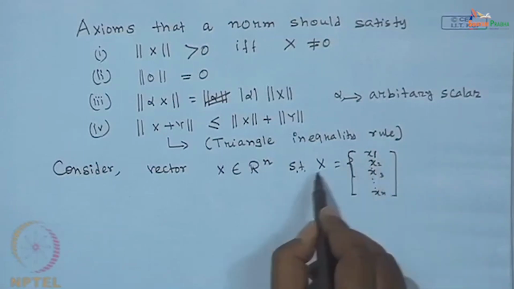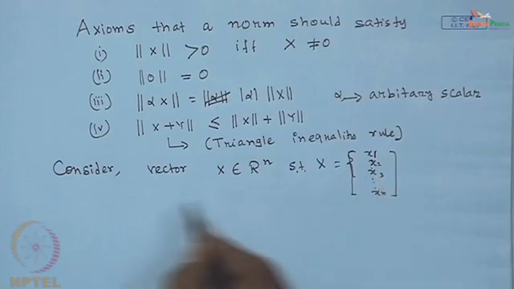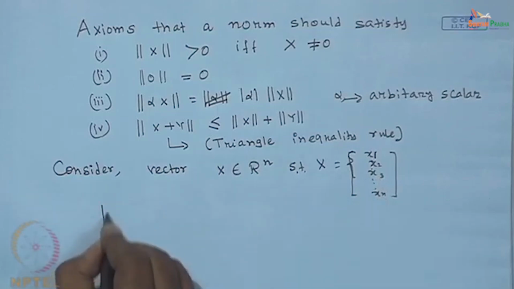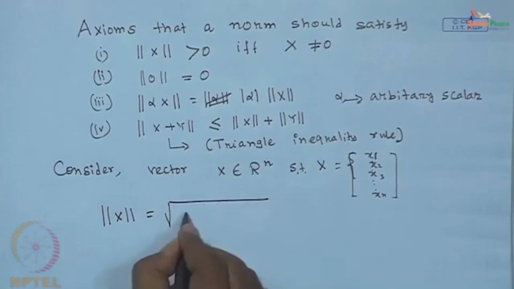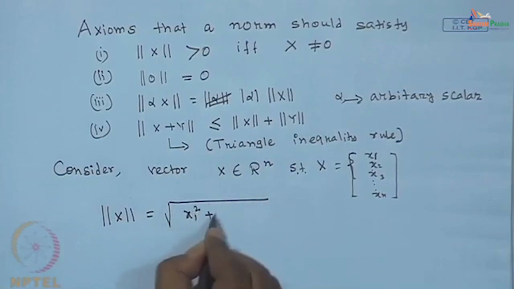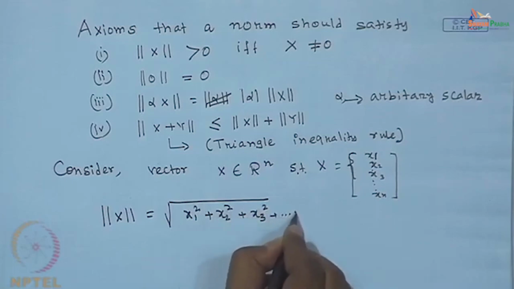So x has n elements, and each one of them is a real valued number. Therefore, the norm of x is defined as the square root of x 1 square plus x 2 square plus x 3 square up to x n square.